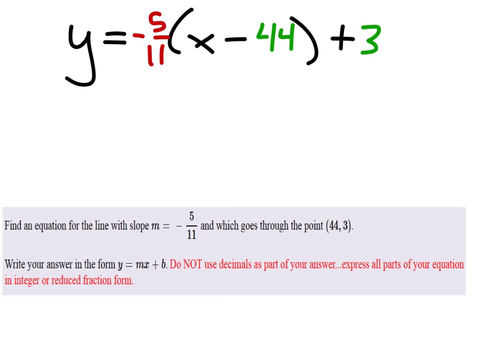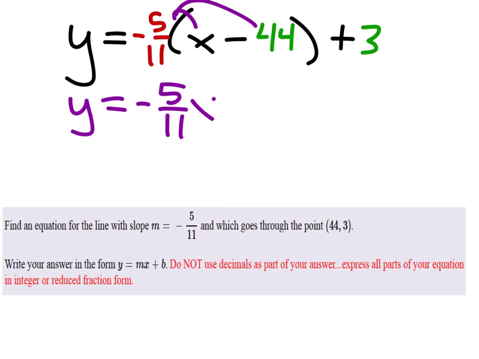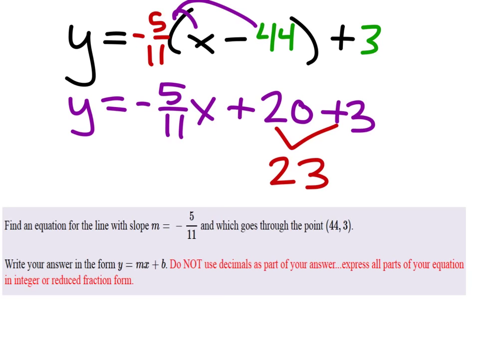So when I distribute this negative 5/11, I get y equals negative 5/11 x. And since we got minus a negative on that, that's going to become a plus. 5/11 times 44, I get 20. Then all I need to do is combine my 20 and 3 to get 23. So y equals negative 5/11 x plus 23.